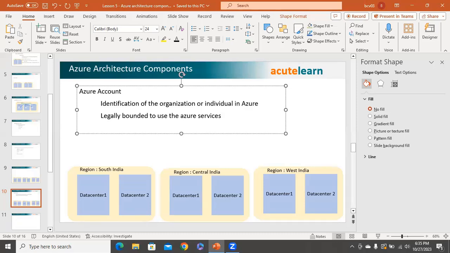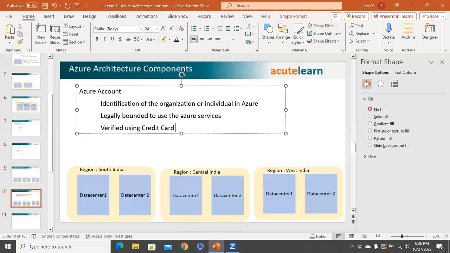And it will be verified using a credit card, in order to validate that you are a human being and a valid user, not a robot or anything, and that you're legally bound and you have to pay for the services you consume. So as part of the initial setup of an account, Microsoft verifies your identity using the credit card, so that whatever resources you create are charged to your credit card at the end of the month.